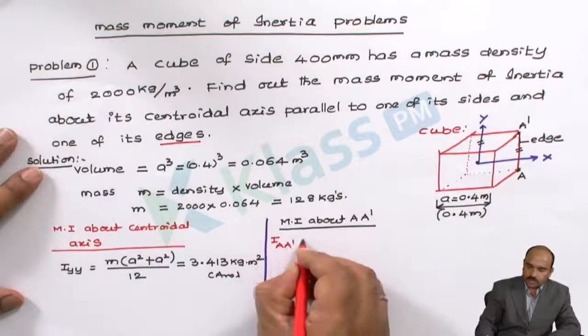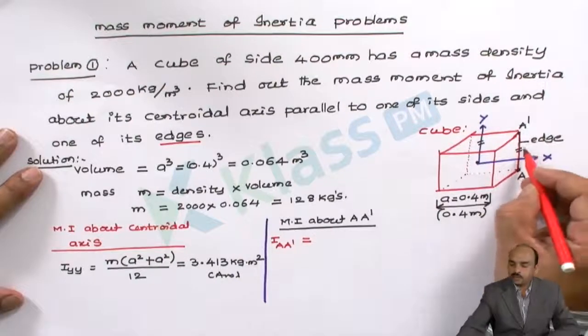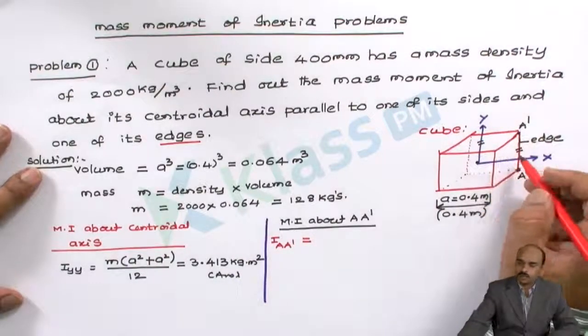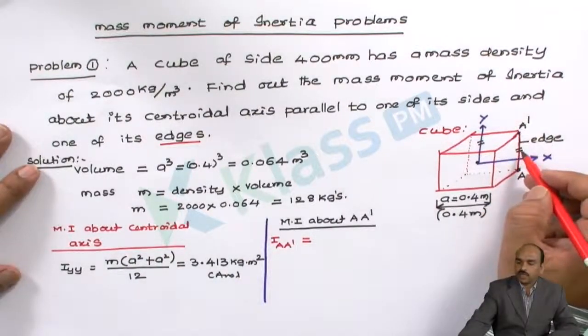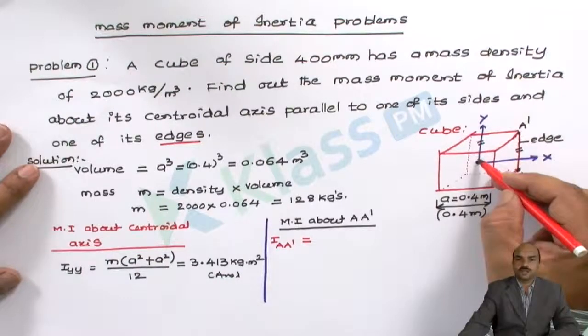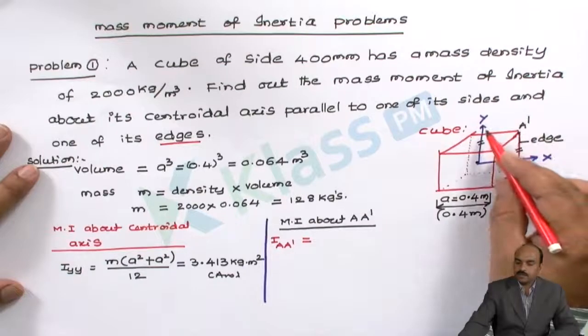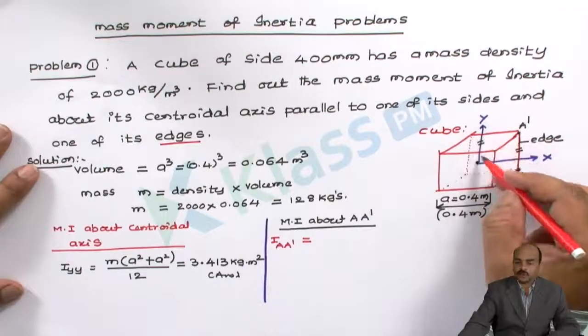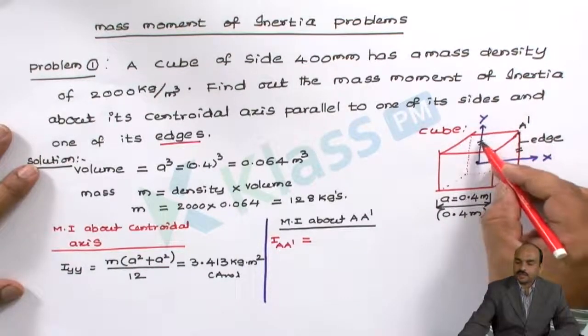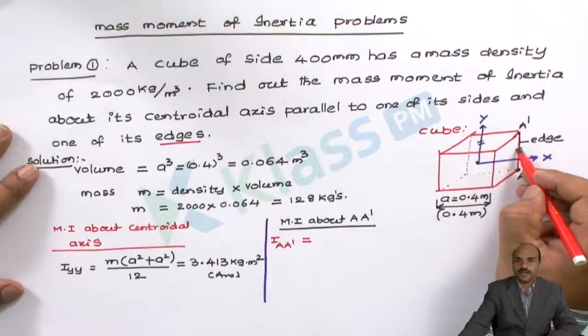Whenever we want to calculate the moment of inertia other than about its centroidal axis, we have to use the parallel axis theorem. Here this A dash line is parallel to the centroidal y axis, and there is a distance between the y axis and the edge A dash.